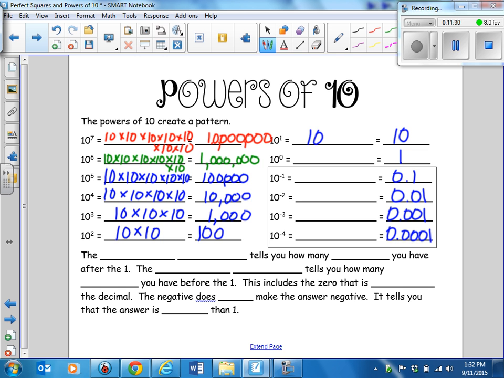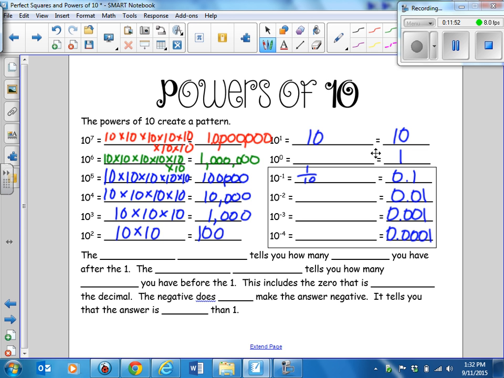Okay, so what I want you to look at now is, notice that I didn't say 10 times 10 times 10. That's because we need to go back and review how we say these, okay? So this is 1/10. There's a 1 in the tenths place. So it's 1/10.